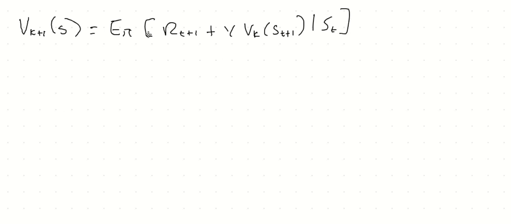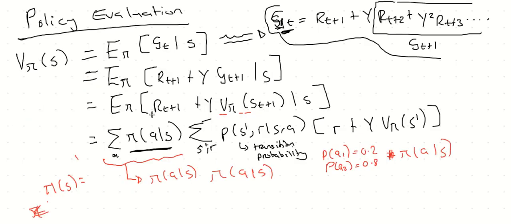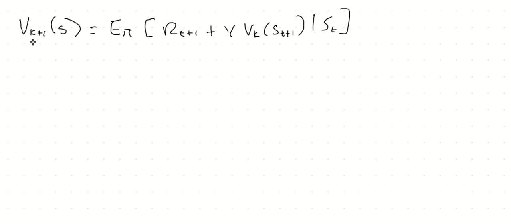This is essentially the same expectation that we had over here. We're just representing it using time steps. Okay. This is our update rule, essentially, right here.